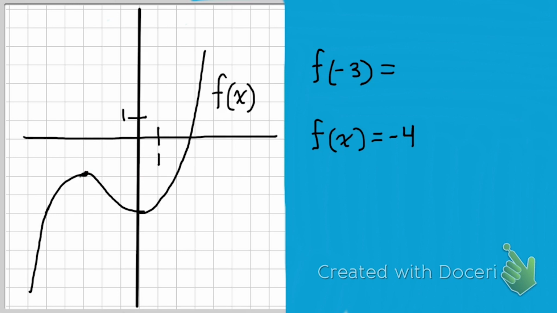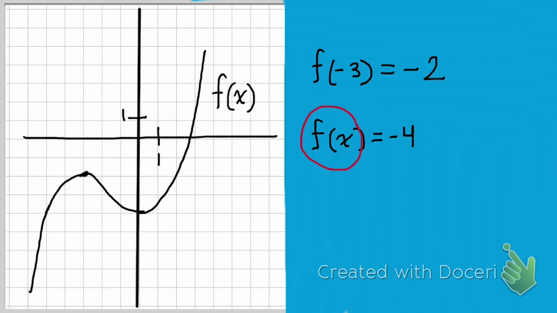And then in this case, I am given the output. So remember, I can pretty much say that f of x is always synonymous with y. Or, if I can't say that, I can say that f of x is always synonymous with the output of a function.